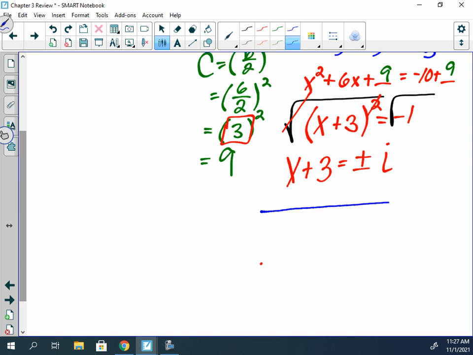Now at this point, we still need to get x by itself, so we would subtract 3 from both sides, telling us that x is equal to negative 3 plus or minus i.